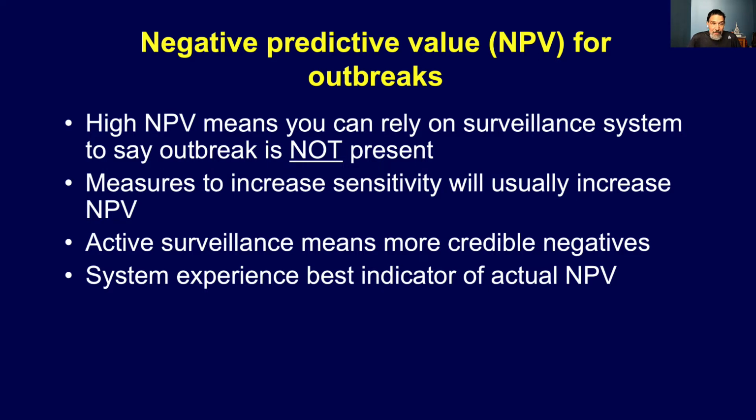And in these situations, you really want to know that you can rely on the surveillance system to say that if it's not detecting something, that you're pretty certain that there's nothing actually happening out there. So that would be a situation where you'd want to have a high negative predictive value.